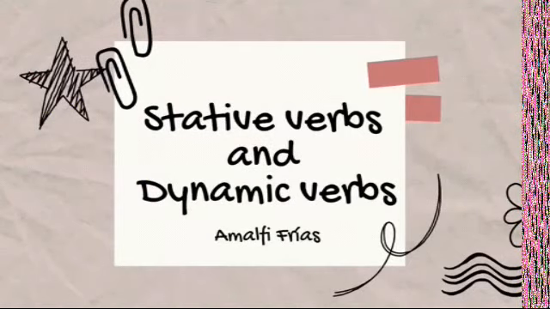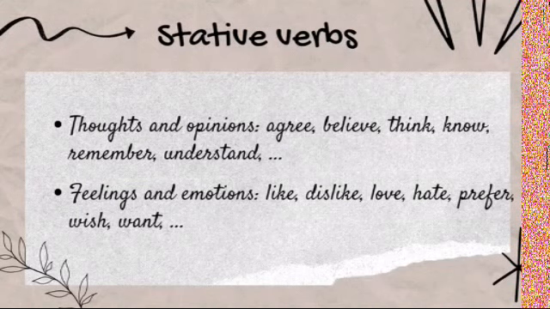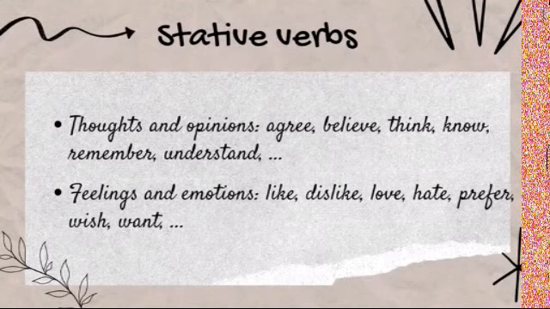Before talking about past habitual with "used to" and "would," let's take a look at stative and dynamic verbs. Stative verbs usually refer to a state of being, which means the way things are, or a condition which is not changing or likely to change.